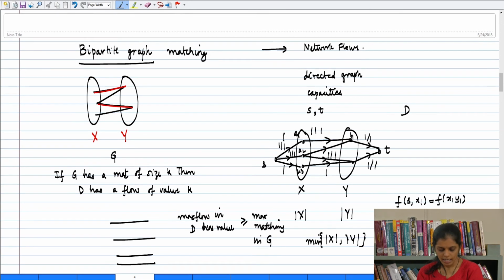So this is a reduction that establishes that if you have a bipartite graph where you want to compute a matching, you could just invoke the network flow algorithm on a suitably modified graph. So let us analyze the running time of our Ford-Fulkerson method on this modified flow network, right?